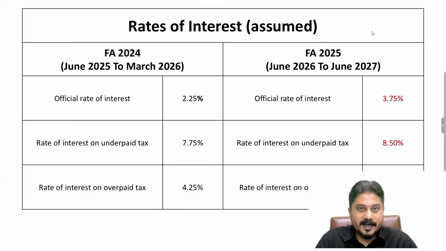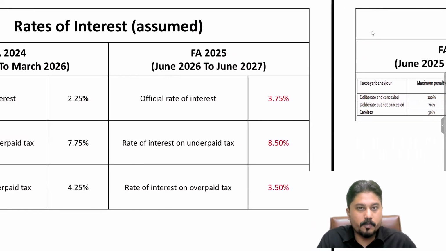And with respect to the rate of interest, these are changed. Previously, official rate of interest was 2.25%. It increased to 3.75%. Rate of interest on underpaid tax was 7.75%. It was increased to 8.50%. And rate of interest on overpaid tax, previously it was 4.25%, but now it has been decreased to 3.50%.